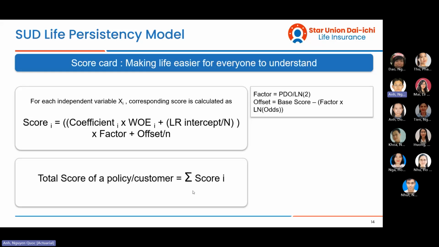For example, x1, x2, x3 are the variables used in the model. If we are using a logistic regression, the beta coefficients, beta 1, beta 2, beta 3, would then be scaled to a value. Maybe a 0.2 weight beta coefficient would be a score of maybe 200 in our scorecard mechanism.